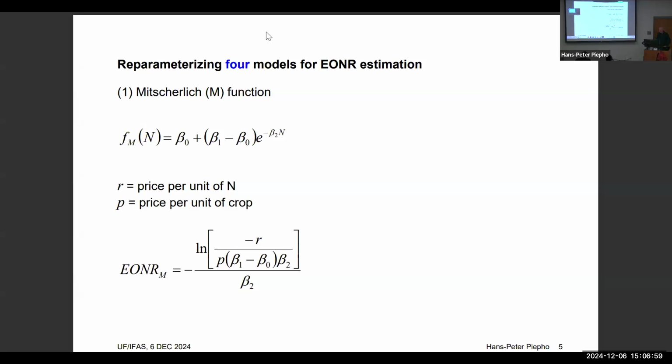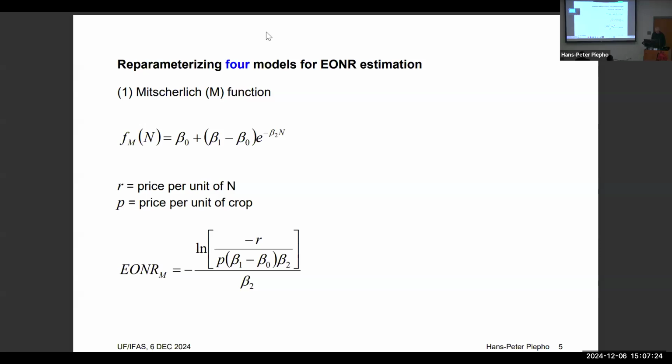The idea that we're going to use here is that we can estimate the economic optimum rate using the framework that I showed on the graph earlier. So what's the point where the slope of the cost curve equals the slope of the production function in economic terms? And the solution for the Mitscherlich function is this one here.